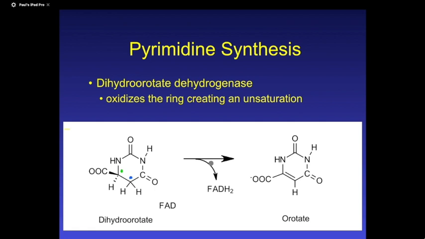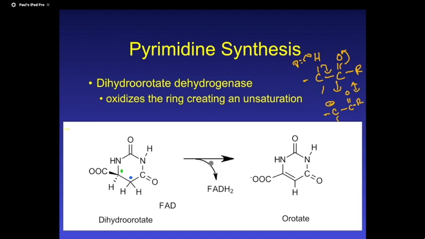Okay? If you are alpha to a carbonyl, then if you take a base and you take that off, then you have this resonance. That stabilizes it.